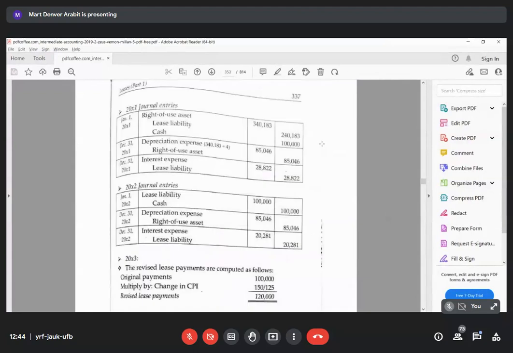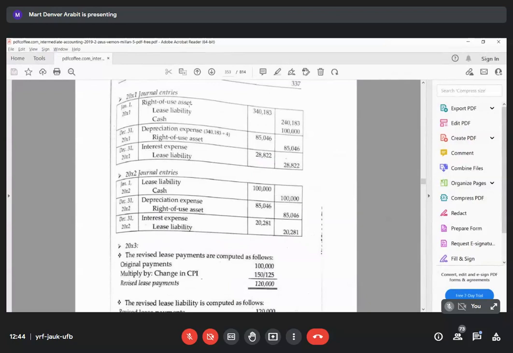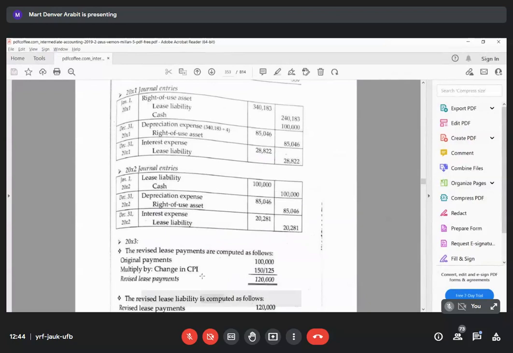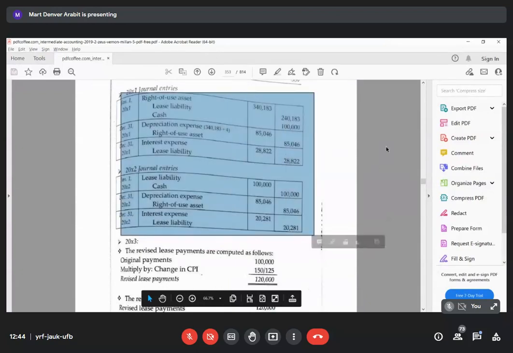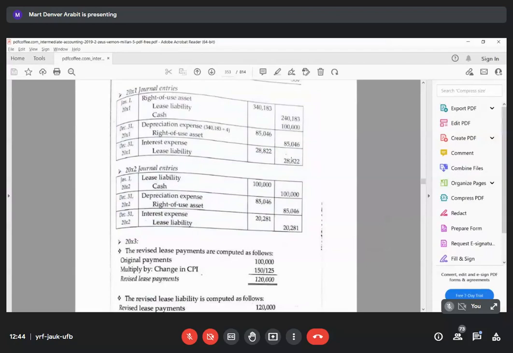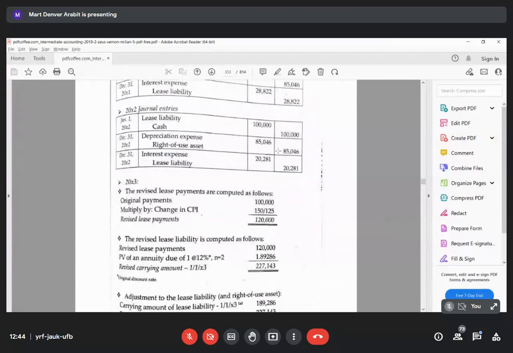Okay? So the change would be occurring in 2023, but in 2021 and 2022, all entries are the same. So, it stays the same. Okay? So, for 2023, as we have mentioned, there is a 20% increase in CPI. So, again, lease payment is variable depending on the changes in the consumer price index.